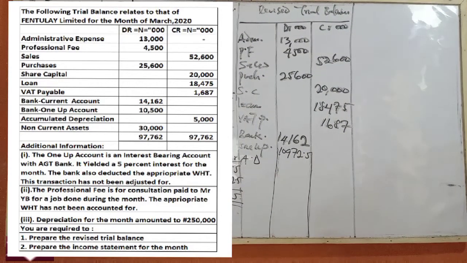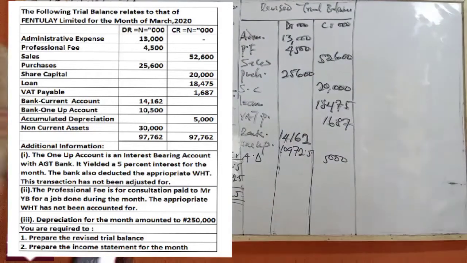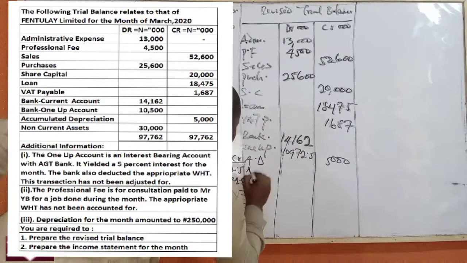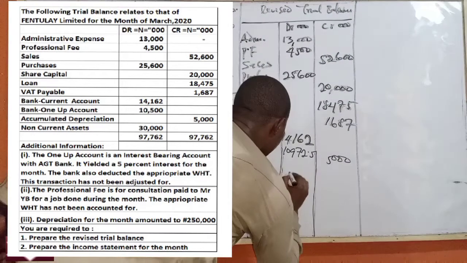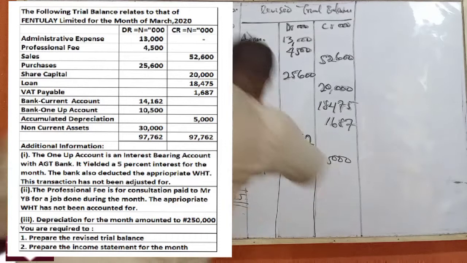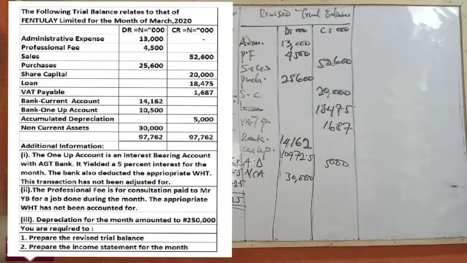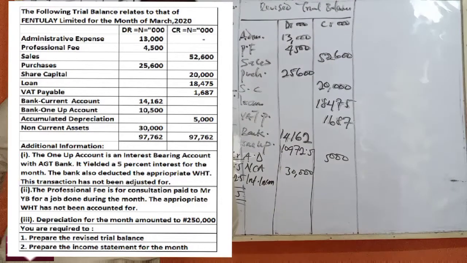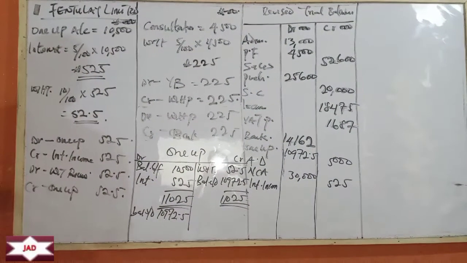What do you have? 5,000. The next one there we have non-current assets, 30,000. So what's the next thing here? Interest income. Interest income here, credit 525. What else do we have here? Withholding tax receivable.